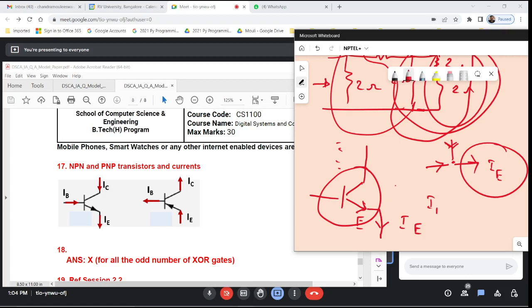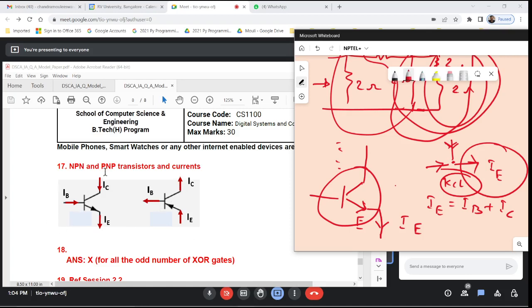So the equation is IE equals IB plus IC. The directions of IC and IB will be like this, and KCL will give you this: the transistor doesn't store anything. It gives out all the current that comes in. So if IE is coming in here, they will have to go out like this.